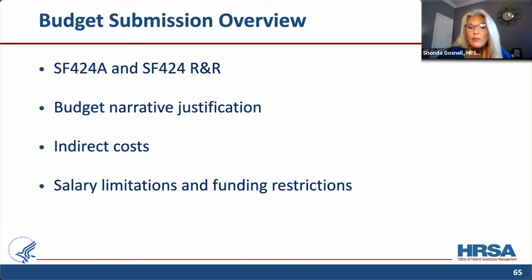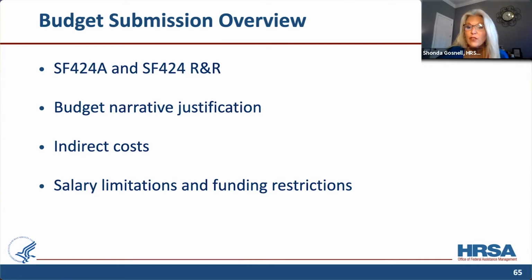There are a few other important things to remember pertaining to the budget submission. The Further Consolidated Appropriations Act 2020, Public Law 116-94, which was signed into law on December 20th of 2019, restricts the salary that may be paid to an individual under an HHS grant, cooperative agreement, or applicable contract to a rate no greater than Executive Level 2 of the Federal Executive Pay Scale.